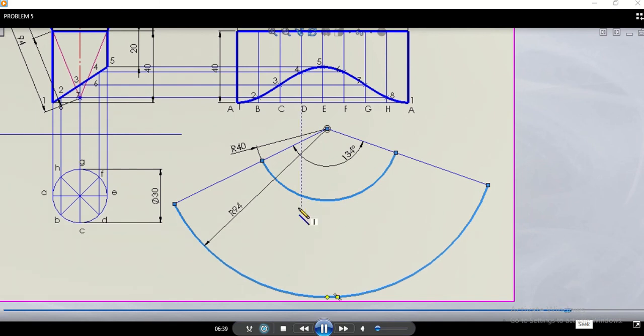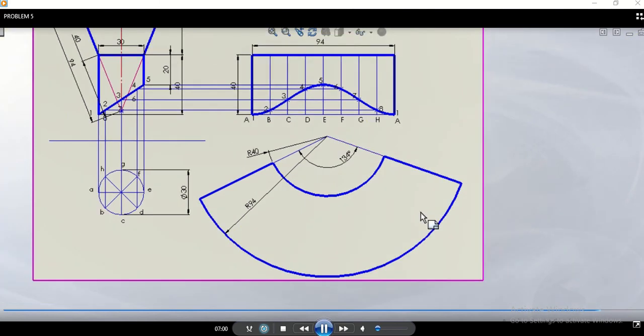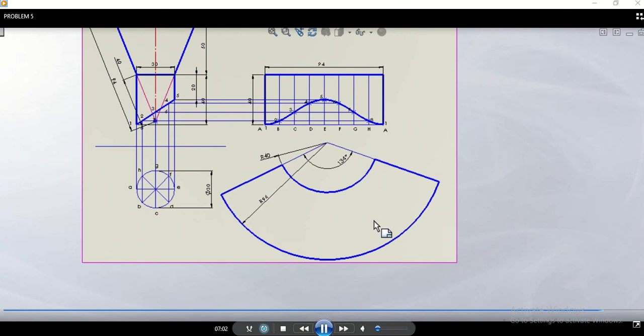In the previous problem there was a cutting plane passing through the cone, but here it's just a frustum of the cone, where the top portion of the cone is removed. So that's what we are developing here. Draw an arc of 94 millimeter and once again draw an arc of 40 millimeter, and you make these darker. So this completes the development of part B also.